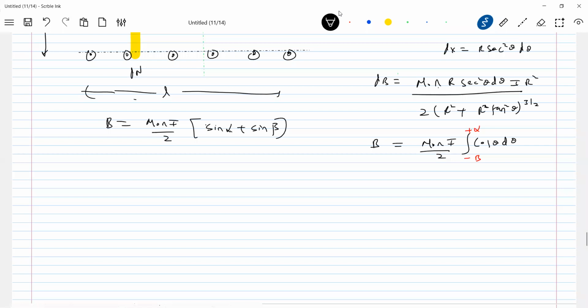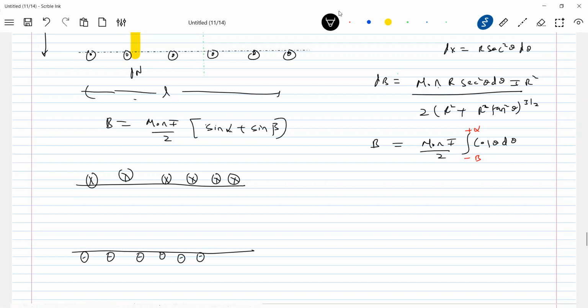So this is the solenoid. Now I want to find out the field at this particular point.